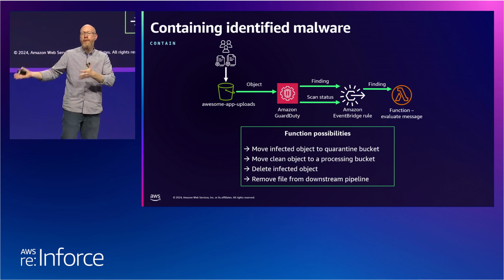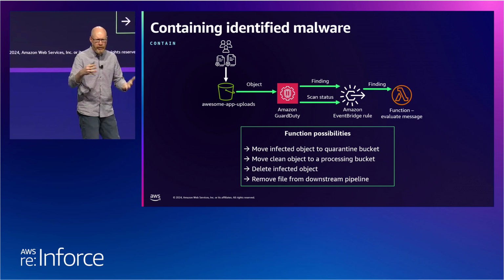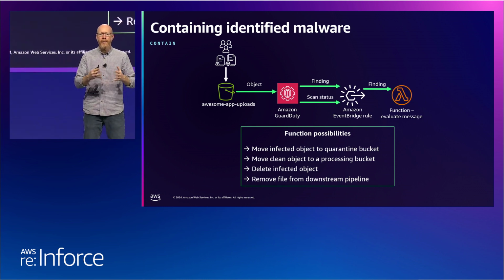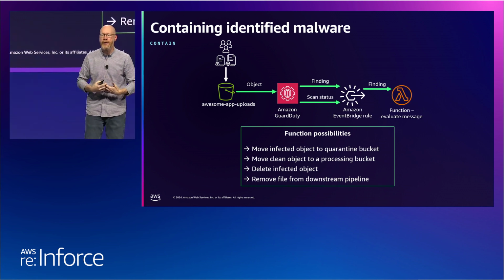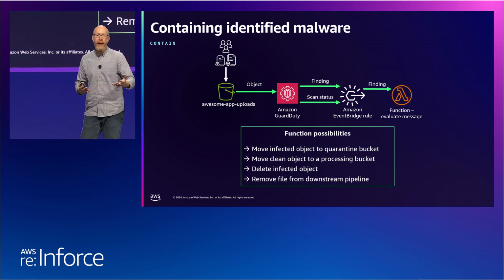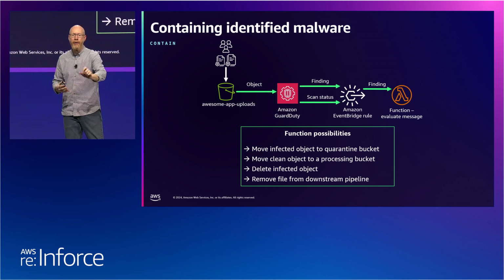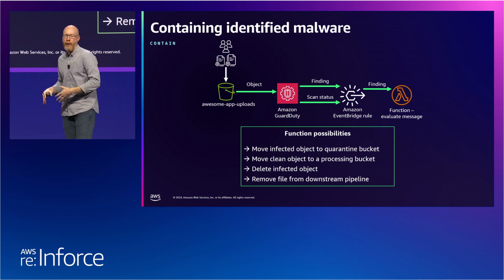Or you could remove it from the downstream pipeline. Some customers, when they receive those objects, the pipeline that they process them in is very time sensitive. They need to get these things through. They need to process it. They can't hold anything up. What they'd rather do is that we'll just notify them when the malware's been identified, and based on the attributes of that object, they'll go retrieve it and isolate it or pull it out of their further downstream processing.